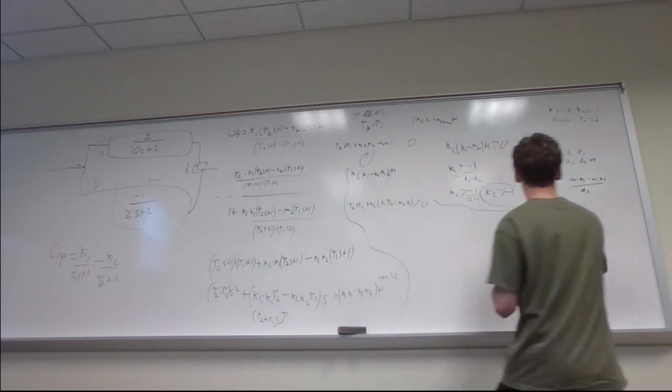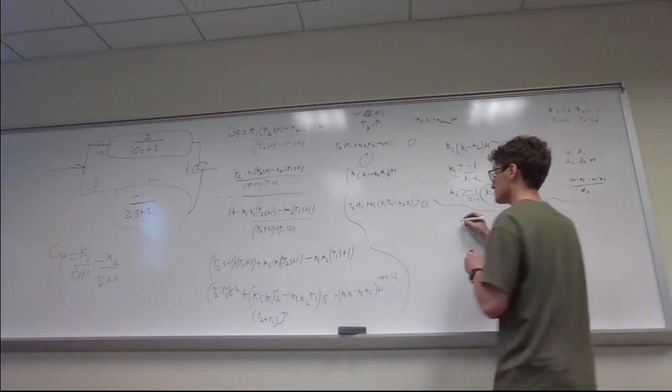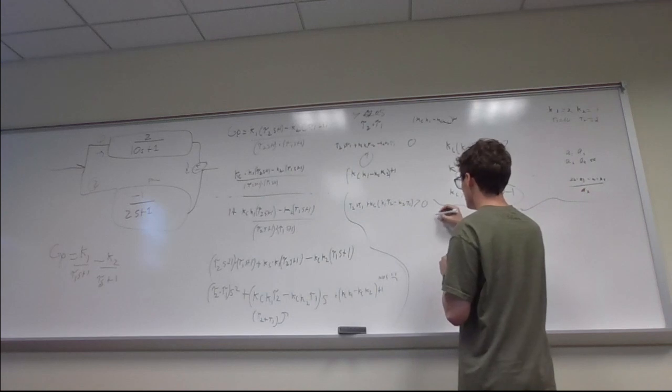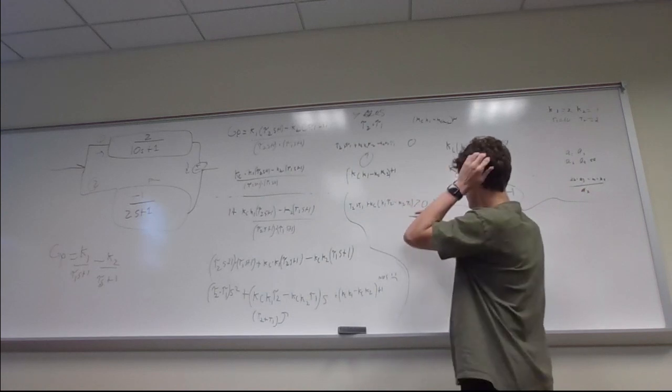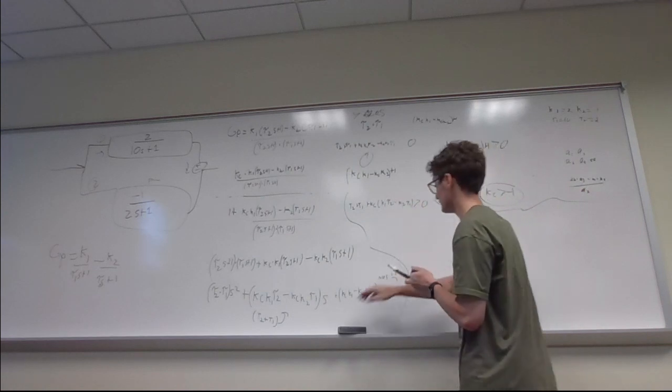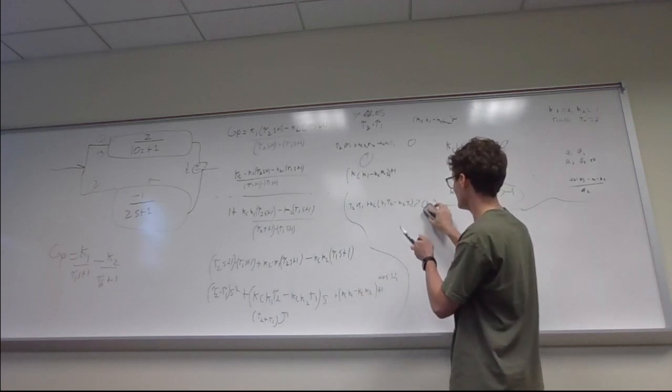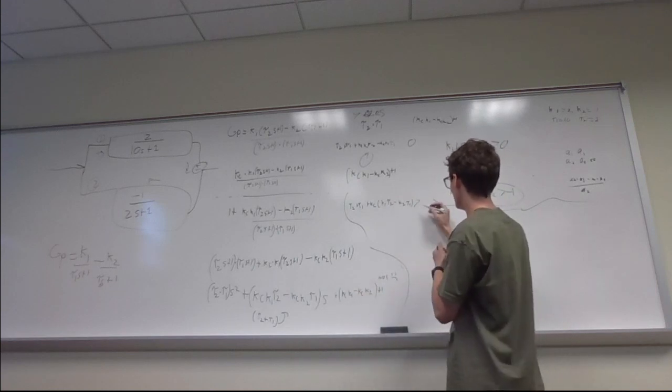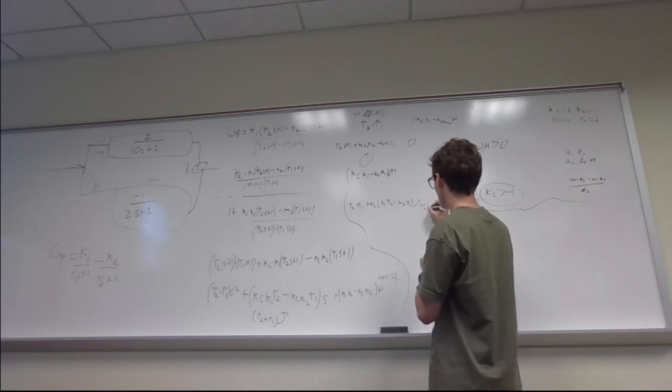So now we're going to bring this over. I'll just erase it. Yeah, so that's what it's supposed to look like. And now we're going to have negative tau 2 plus tau 1.